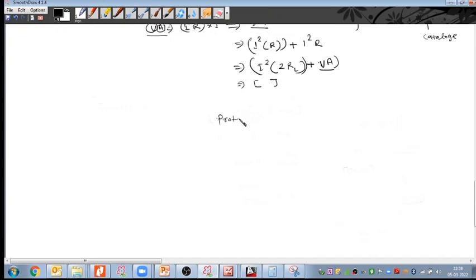for the CT protection, we use two types of CT core. One is the P class and the second is PS, special protection, which as per IEC is expressed as PX.